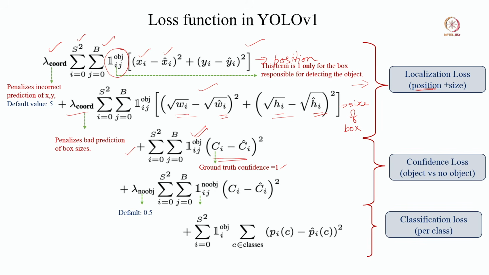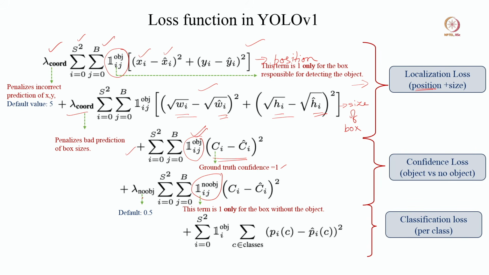Now look at the second term also. Here it is 1 ij object, and there it is 1 ij for no object. That means this term is 1 only for the boxes without an object, so only wherever there is no object will it calculate.